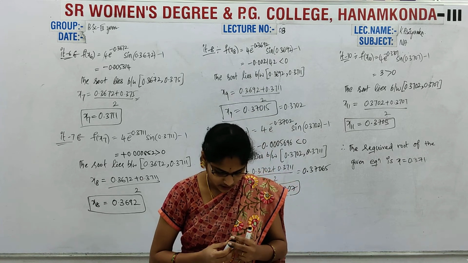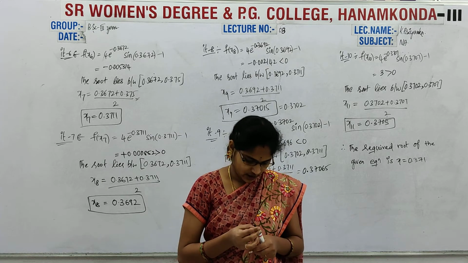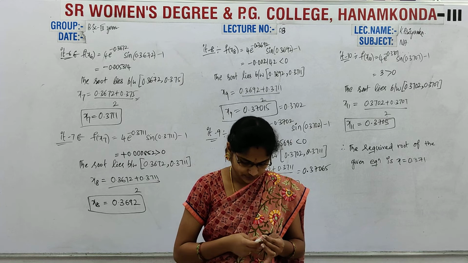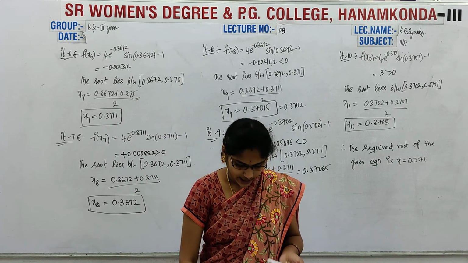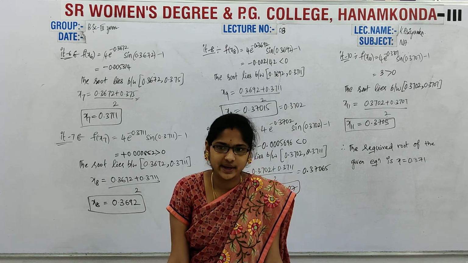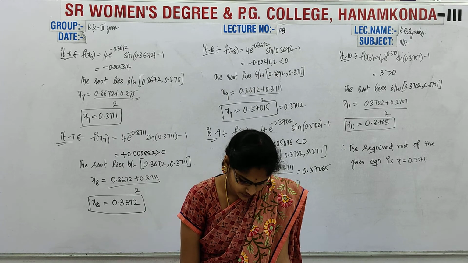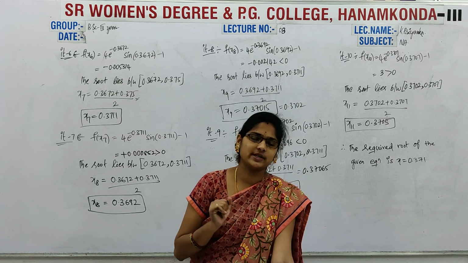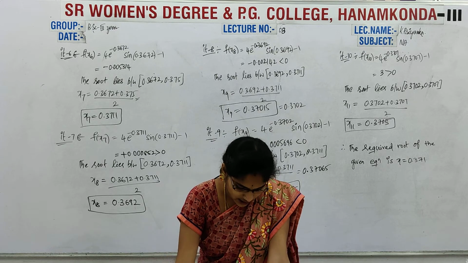Explain the bisection method for finding a real root of the equation f of x equal to 0 and write an algorithm for its implementation. That means simply we have to explain about the bisection method and give the steps. Already I gave.